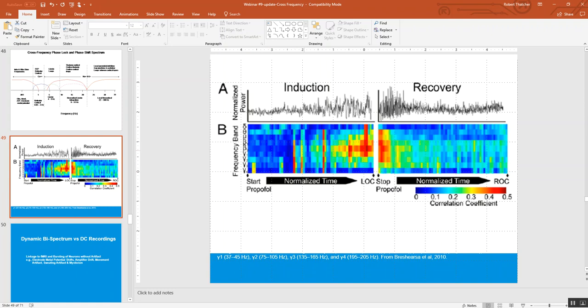But as you become induced and lose consciousness, here's a loss of consciousness right here, you see hypercoupling between the gamma and the delta, and the gamma and the theta. And that remains highly coupled until you stop the propofol, and now there's recovery of consciousness, and you decouple the neocortex from the limbic and brainstem.